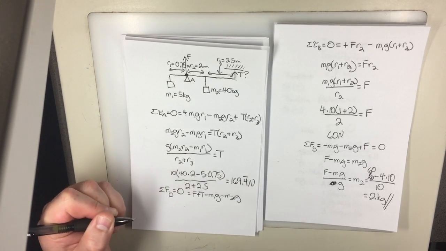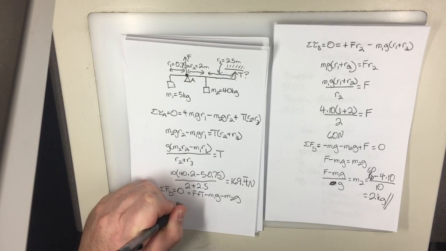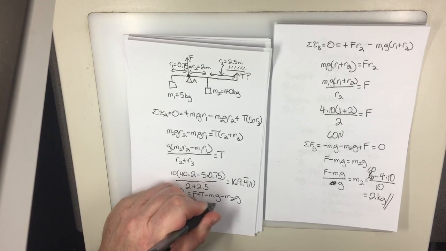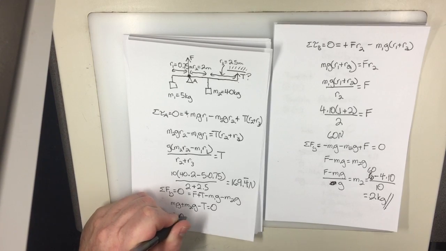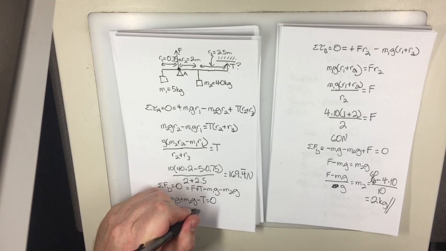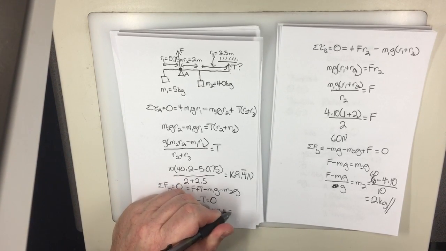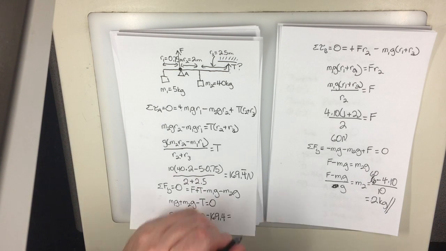I'm looking for force, so M1G plus M2G minus tension is equal to F. This gives me 5 times 10 plus 40 times 10 minus 169.4, and that will give you 280.6.